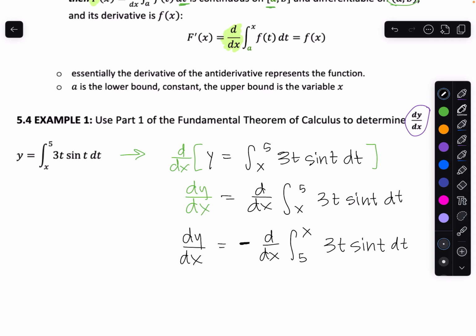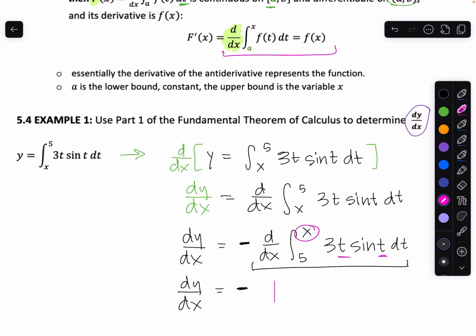So the derivative of the integral, that means now I can take this x value and plug it in for both of my t's because it's exactly what I have. So I have dy dx, the negative hangs out in front, and this notation matches exactly what we have up there. So we can turn that into f of x.